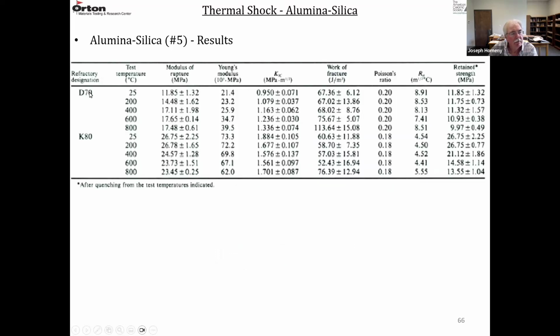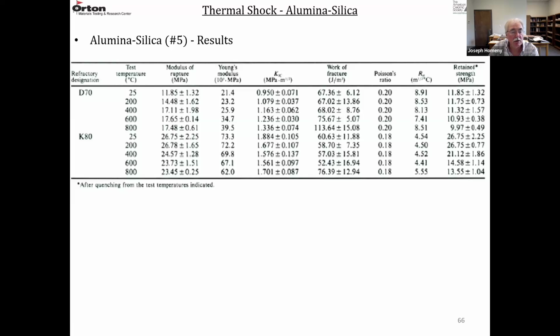So this is for the 70% alumina and then the 80% alumina. The test temperatures were 25, 200, 400, 600, 800. Same for both materials. And then they measured the MOR, or the bending strength, in megapascals. So this goes from about 12 to 17.